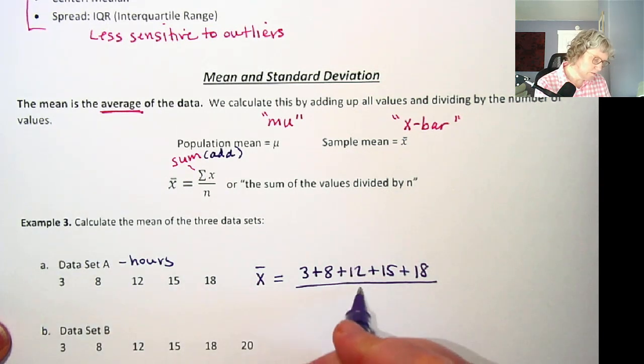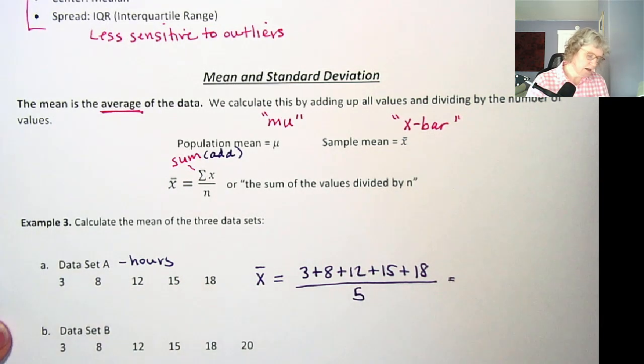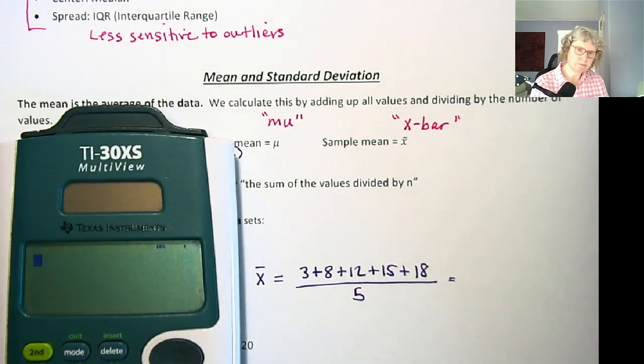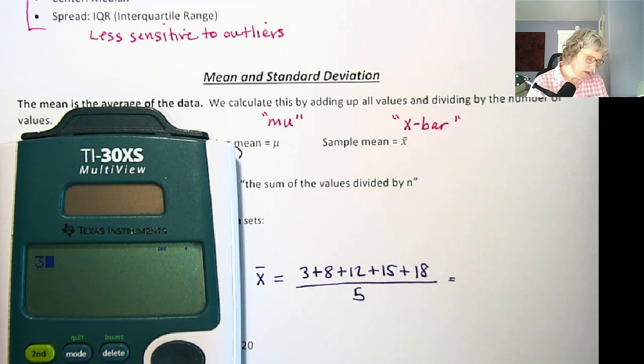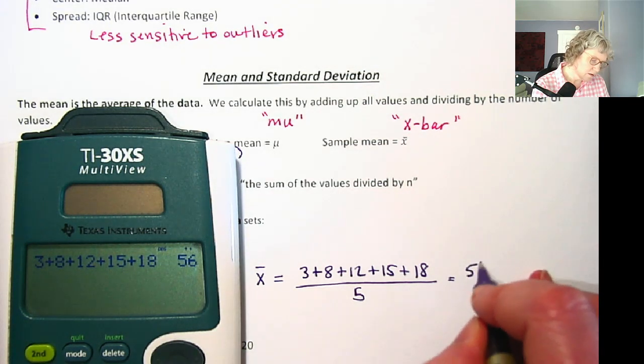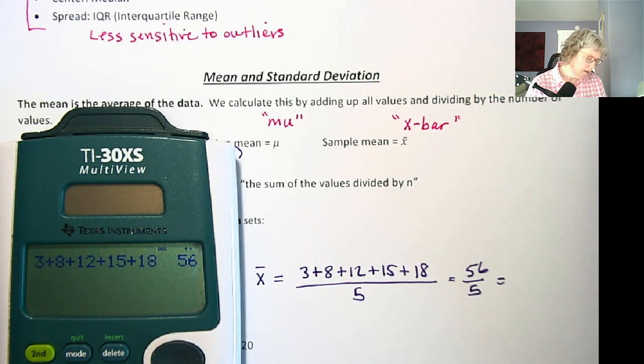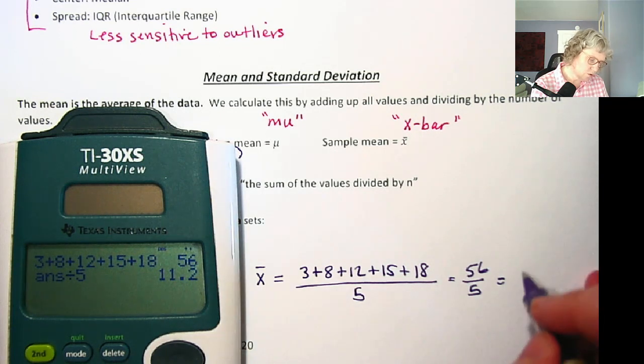I've got 5 numbers. I'm going to do that on my calculator. 3 plus 8 plus 12 plus 15 plus 18 is 56. Still divided by 5, so 56 over 5. Then I divide by 5 on my calculator, and I get 11.2 hours.